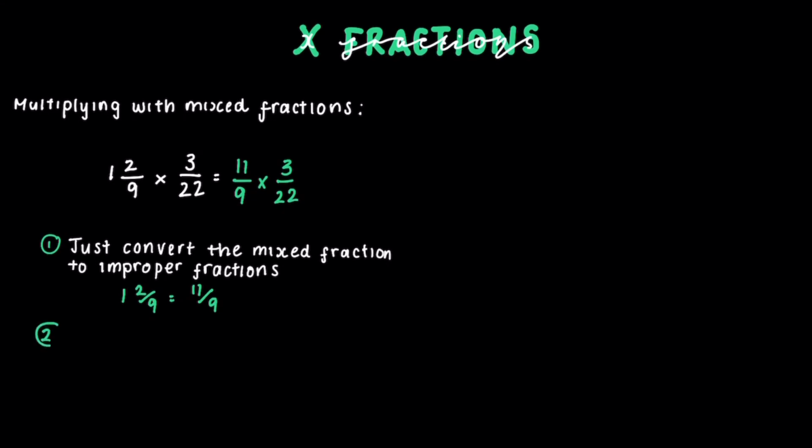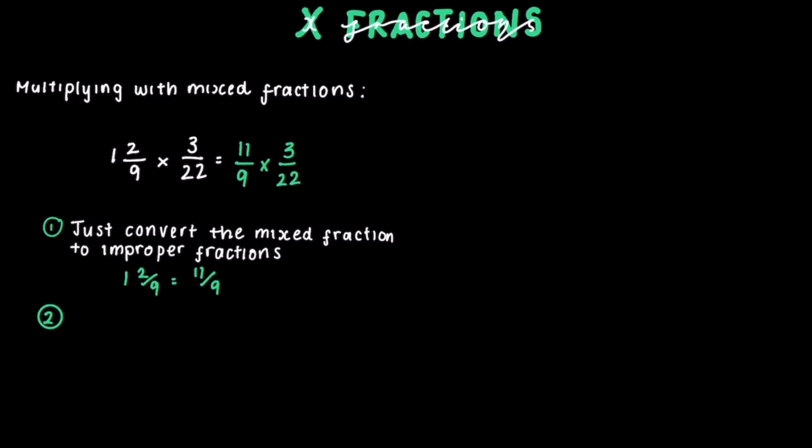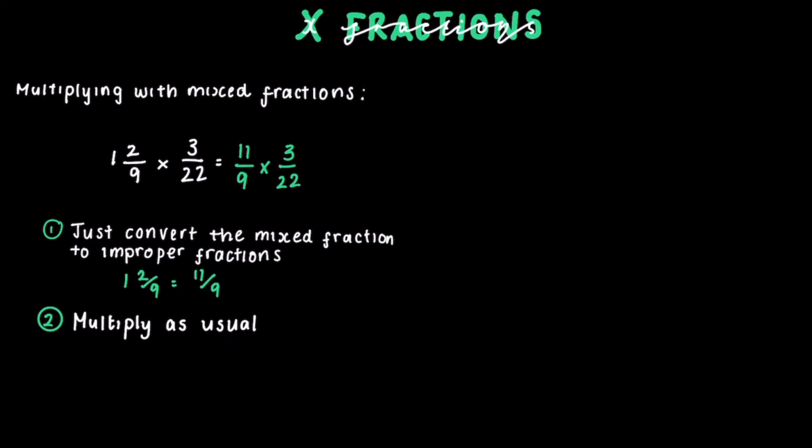But moving on from that, again, the second step is just to multiply normally or to do any simplifying processes, because we always want to check if any of the denominators share a factor. So with these fractions, we can see that 11 and 22 share a factor, which is 11. So 11 divided by 11 is 1, and 22 divided by 11 is 2.